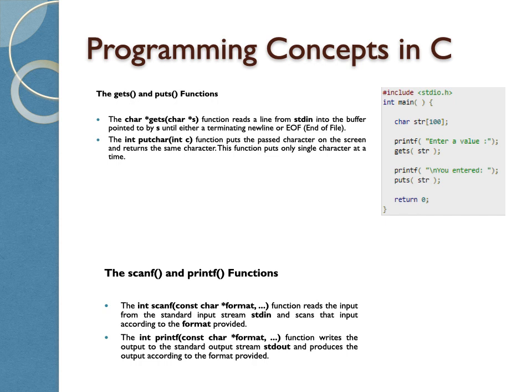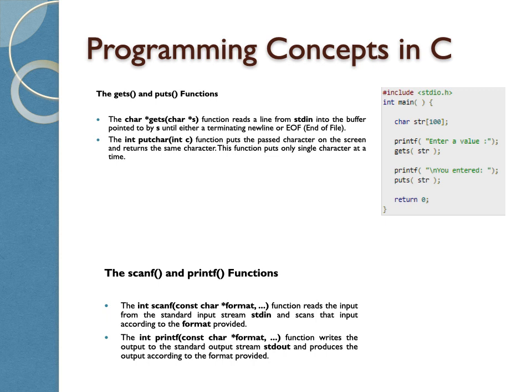Similarly, %c is used to display characters, %f is used for float variables, %s is for string variables, and %lf is for double. Double means a variable of type double, which is also a kind of data type. And %x is used to print hexadecimal values. The printf function also supports \n, which, as we know, is used to print the statement on the next line on the output screen.